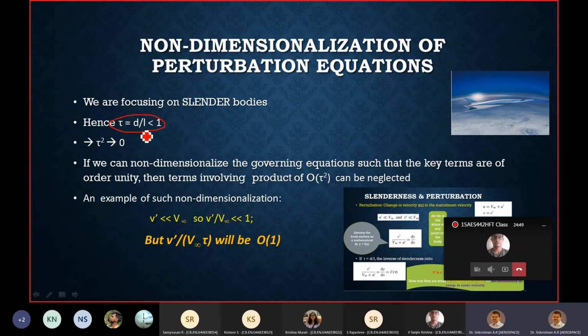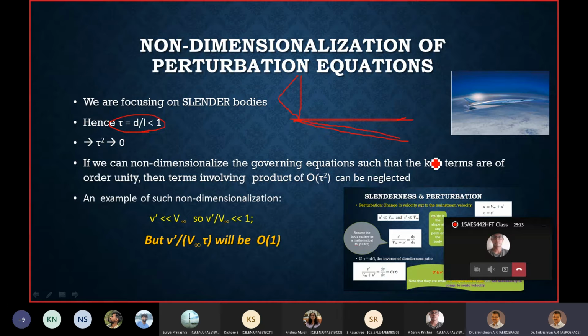Slender bodies means L by D is high, which means that D by L has to be low. Bodies are long and thin, as opposed to, say, thick and short. This is a blunt body. This is a thin, slender body.